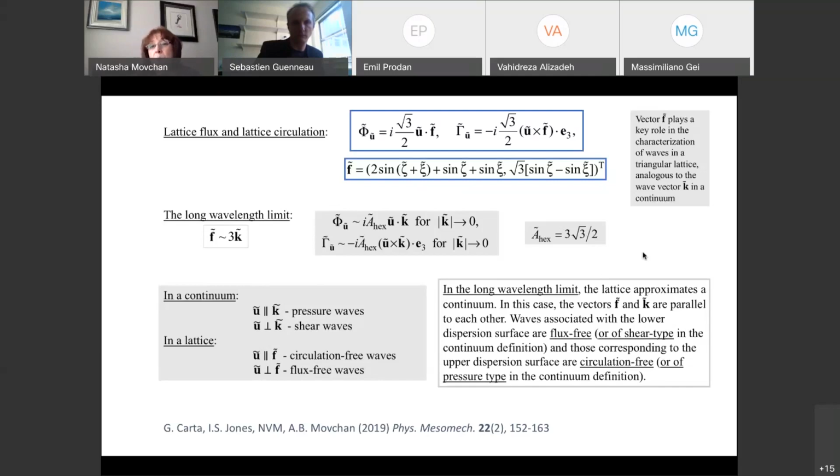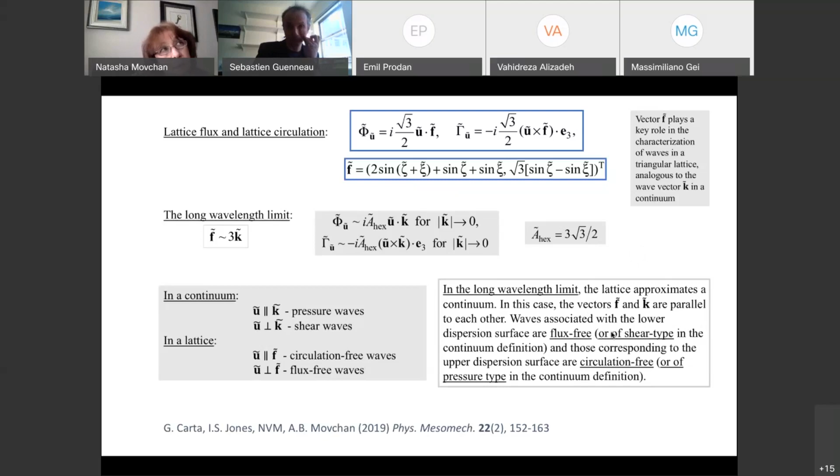But this is for a continuum. The question is, can we use the same type of description for a lattice? It seems that in the low frequency regime, or the long wavelength limit, we probably can, because the lattice approximates a continuum.